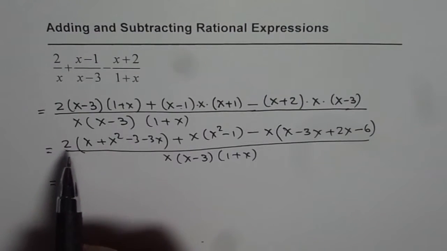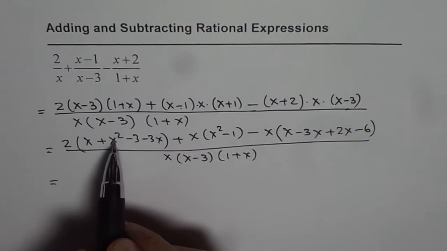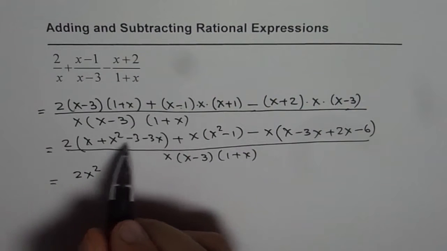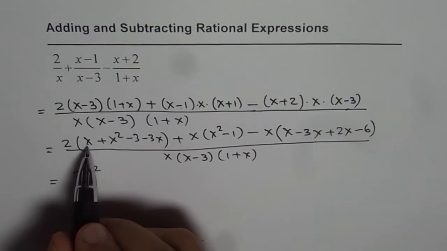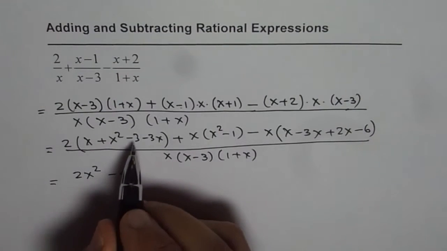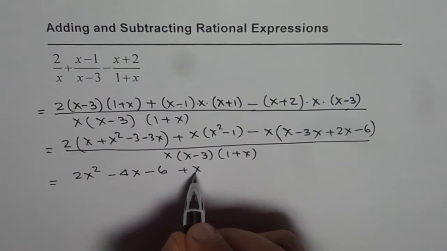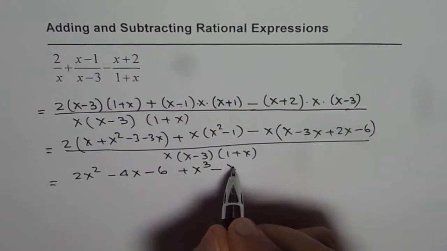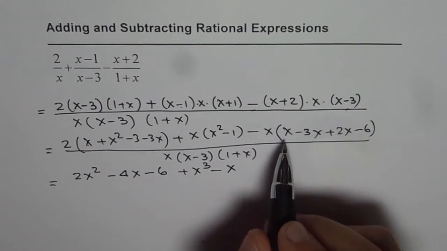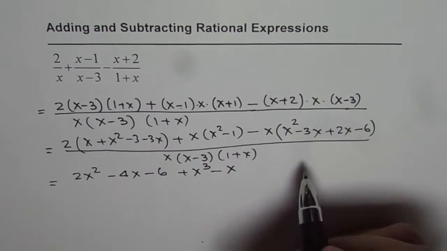Okay, so let's multiply by 2 and simplify if possible. So x squared is one term, 2 times x squared we get 2x squared. X terms are minus 3x and x, which is minus 2x, that gives us minus 4x, and the constant is minus 6. Here we have plus x cubed minus x, and then the first term should have been squared, okay, x times x is x squared.